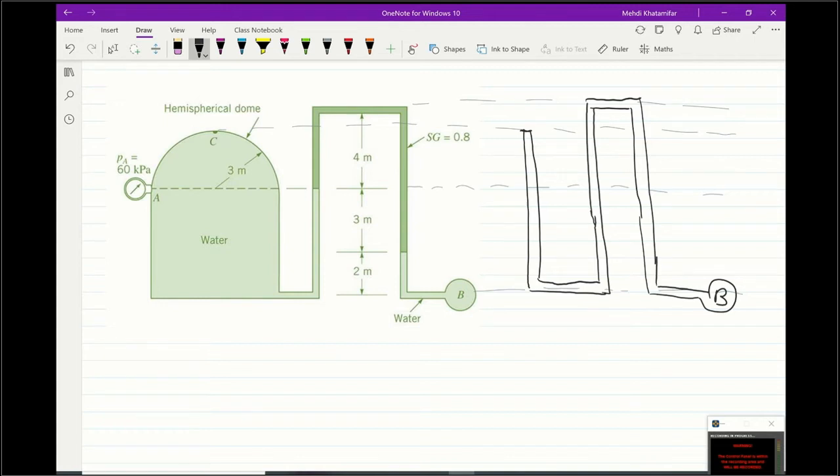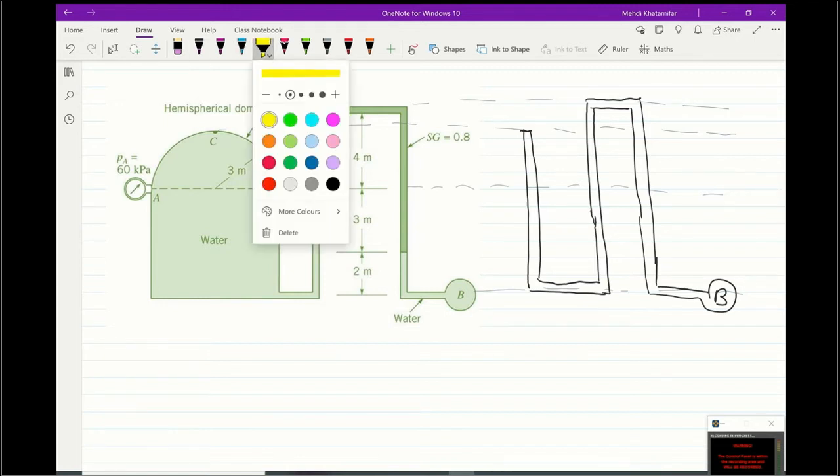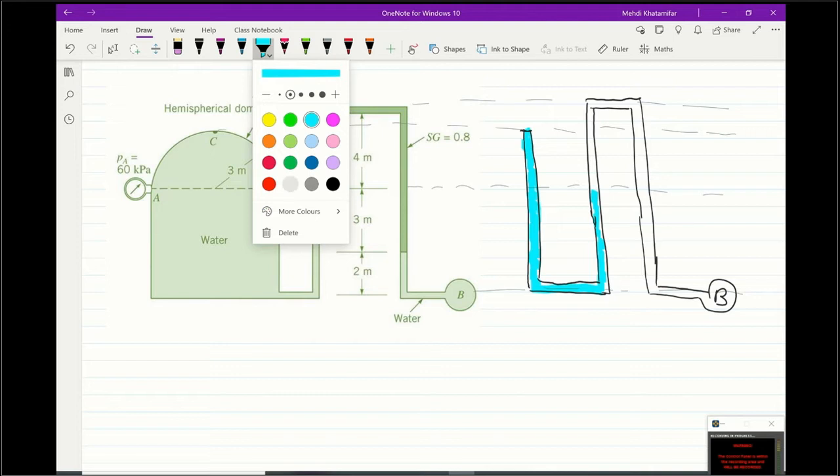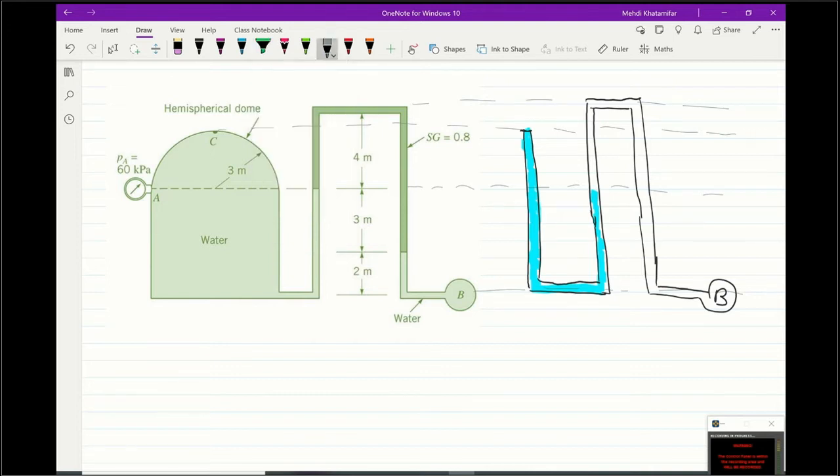Let's color the water section. Water is going to start from here and hold this area, and that liquid, let's go with green, is going to be up to this level.